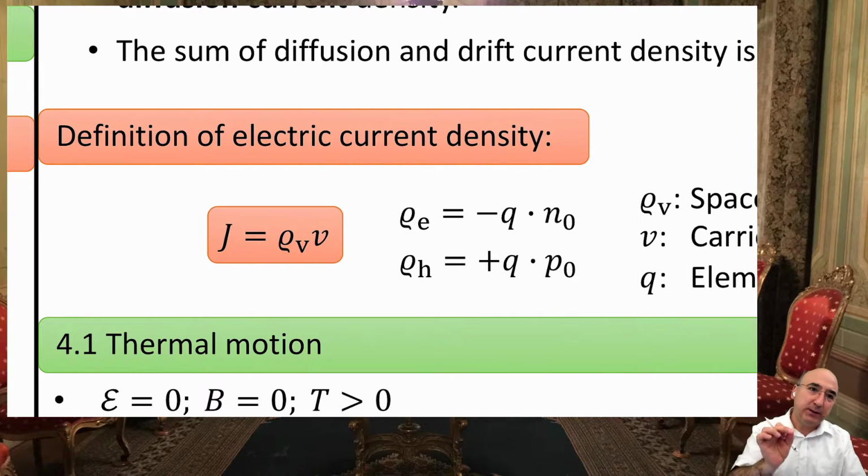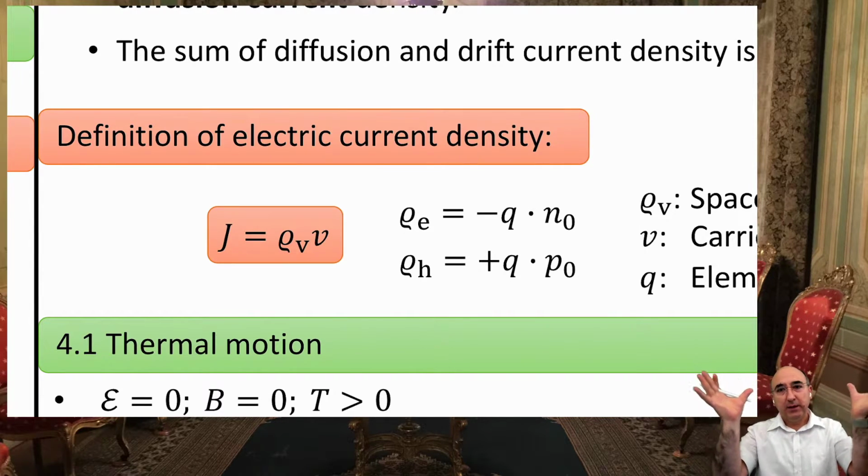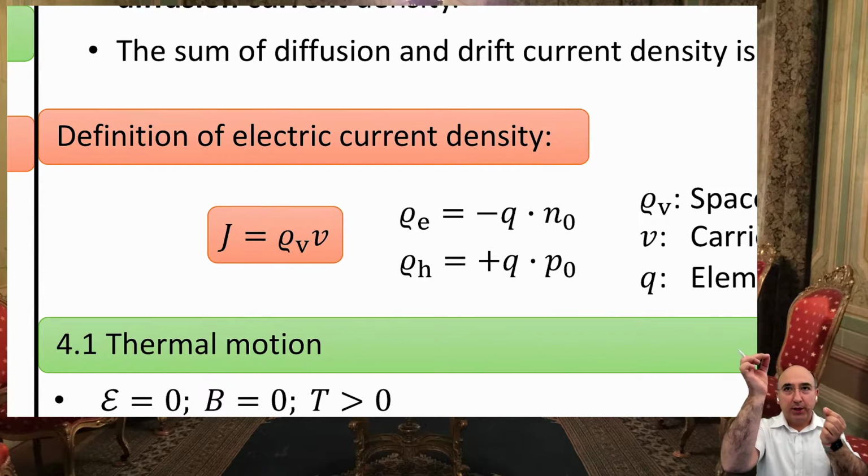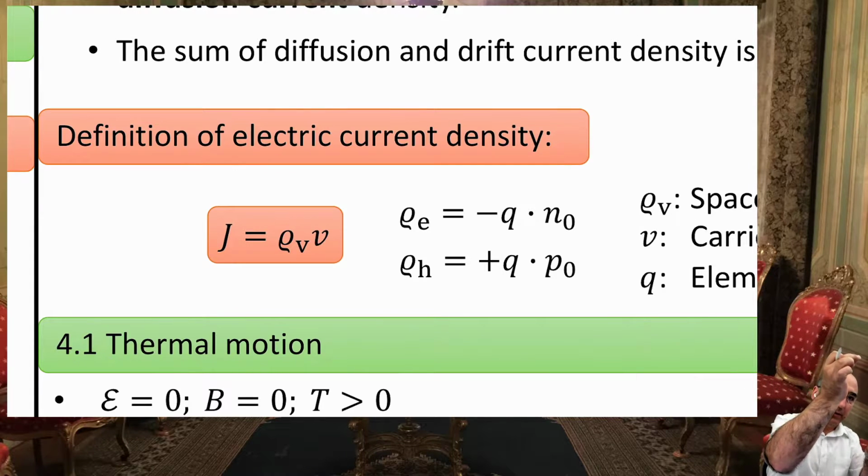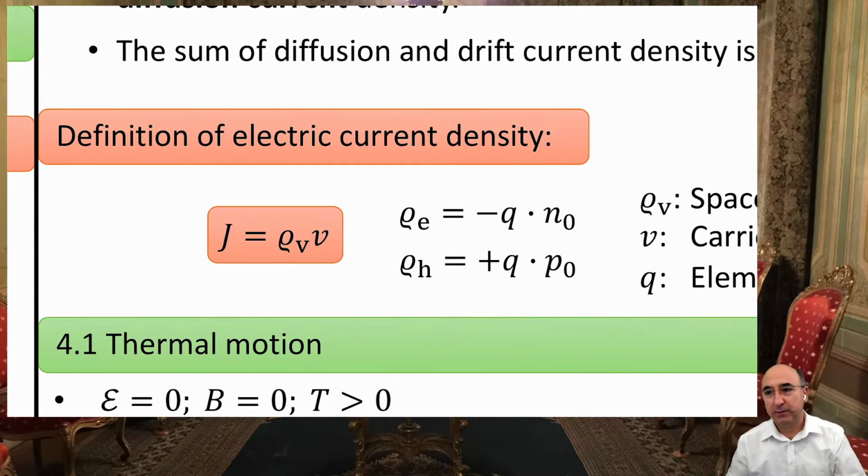Imagine these particles are charged. Now imagine these charged particles are moving effectively in one direction. This is the current density. That's all. So charged particles in an area which are moving, this is the current density.